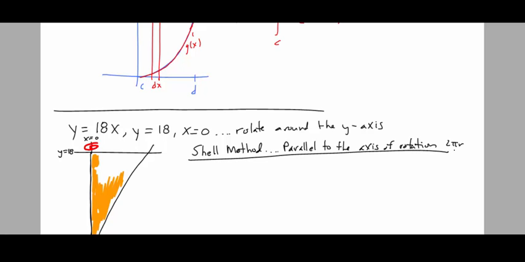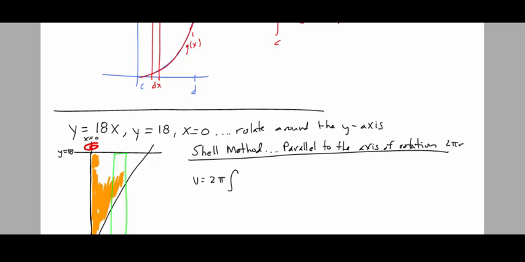Think about circumference. So if we're parallel to the axis of rotation, let's put in our rectangle here. So putting in our rectangle, we can see that our incremental width would be dx. I'm parallel to the axis of rotation, so this would be volume equals 2 pi integral.